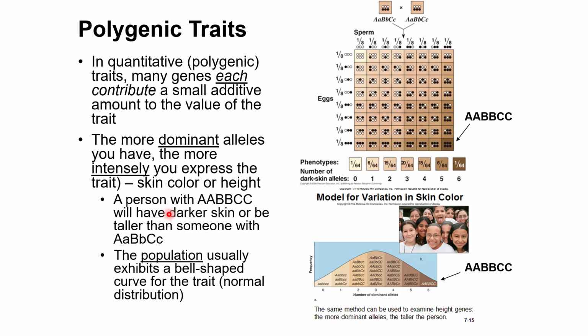The person with this genotype will have darker skin or be taller than someone with this kind of genotype. So the more dominant alleles you have, the more expressed it would be.